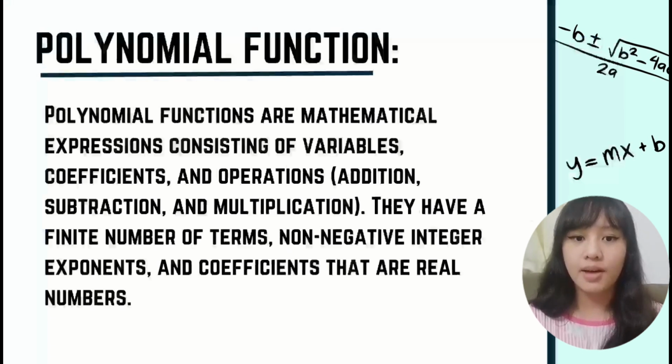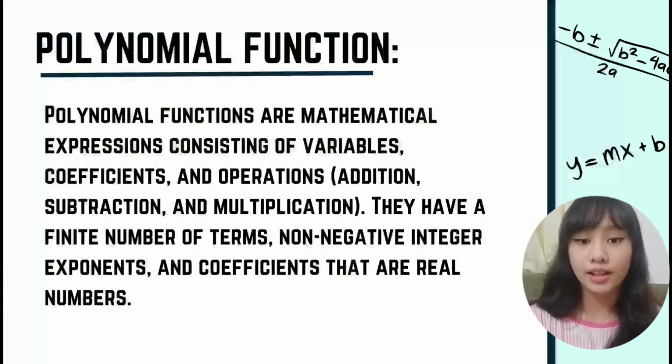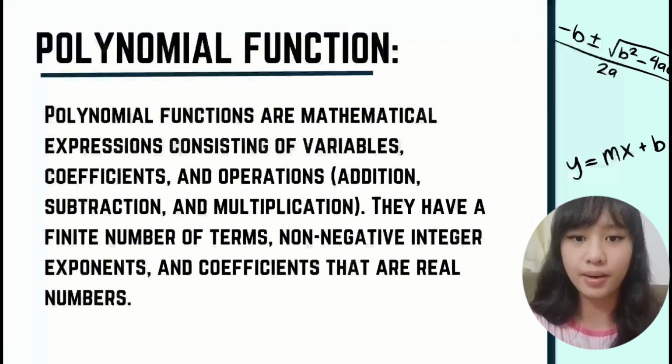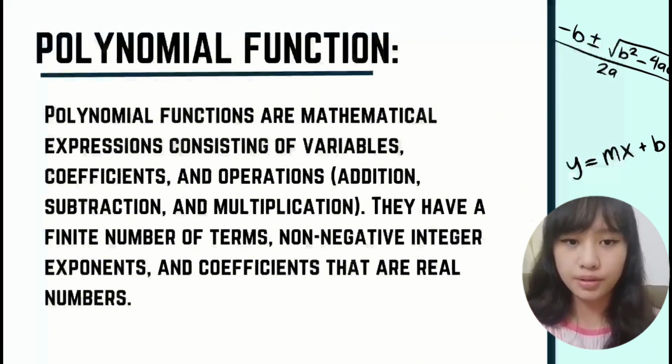They have a limited number of parts, so they are not endless. The powers of the variables have to be whole numbers, like 2, 3, 4, and so on. No fractions or decimals allowed, and the numbers that multiply the variables have to be regular numbers. No extra stuff like square roots or imaginary numbers.